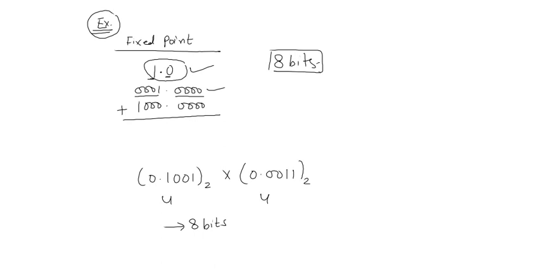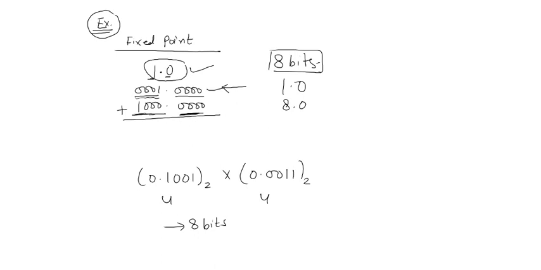Now when we are doing some addition or multiplication, let's do the addition. Let's say I have the number 1.0, and another number I take as 8.0. 8.0 means the binary integer part is 1000, and this is the binary part of 0. In this case the integer part gets added to the integer part and the fraction part gets added to the fraction part.